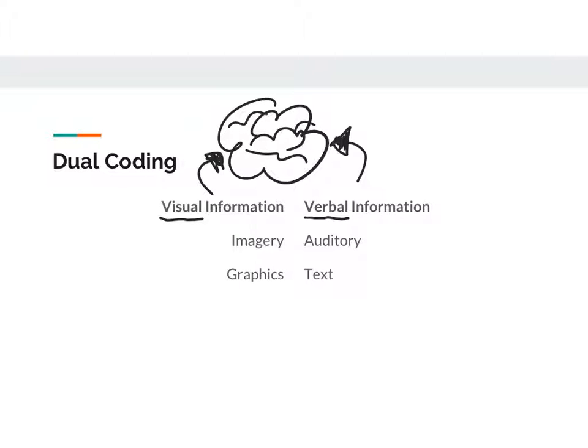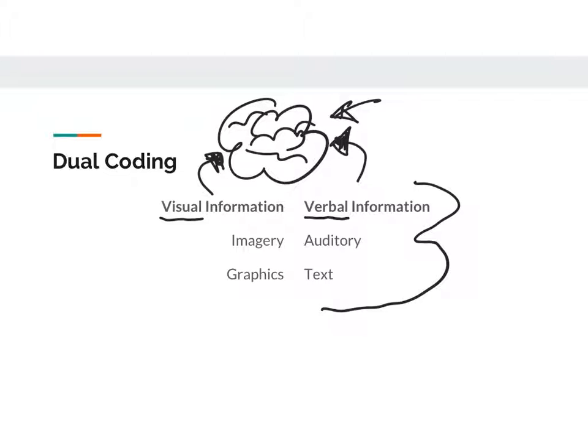The verbal information is that linguistic information, and that is in both auditory form, such as by narration, and by written text. So, for example, on this slide, everything you're looking at down here is verbal information. This very crude sketch that I made of a brain at the top is visual information. My narration on the slide is verbal information.